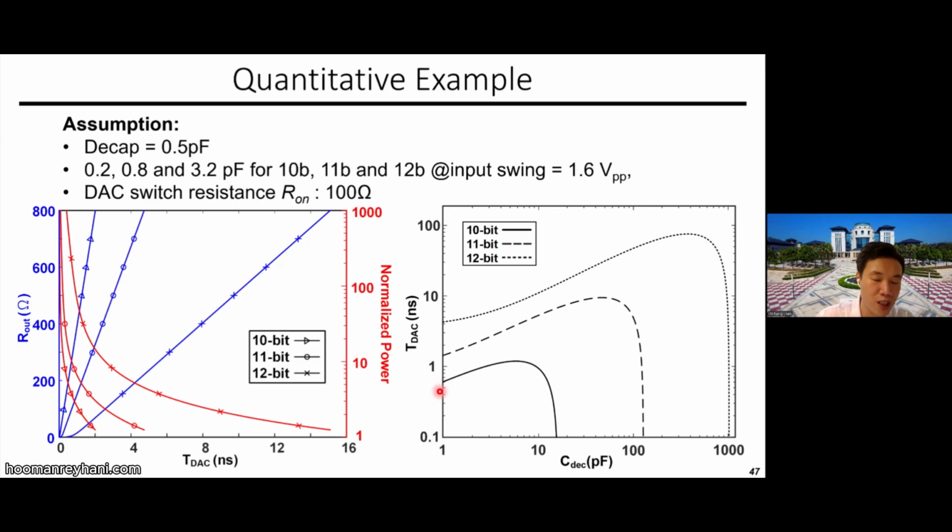Then we have to wait for this long time. As we mentioned, if we increase the decoupling capacitance, then the ripple can be suppressed, right? But there's an interesting trend you can find here: if we increase just moderately, not large enough, it actually will make the settling even slower.